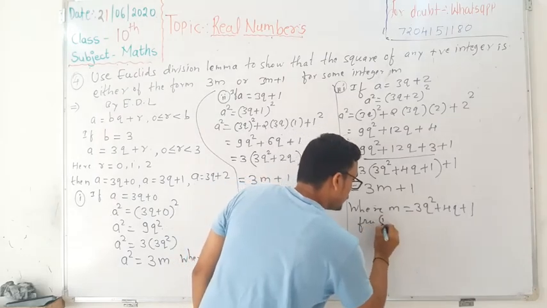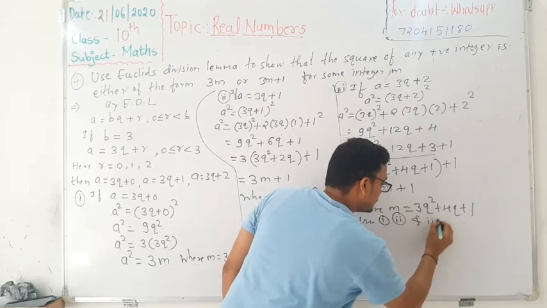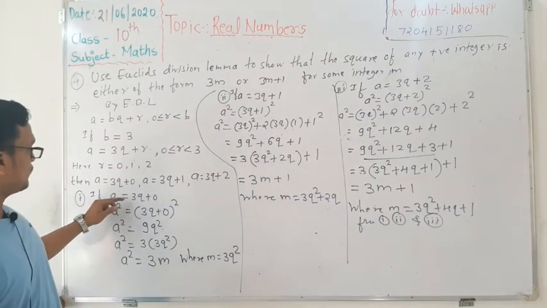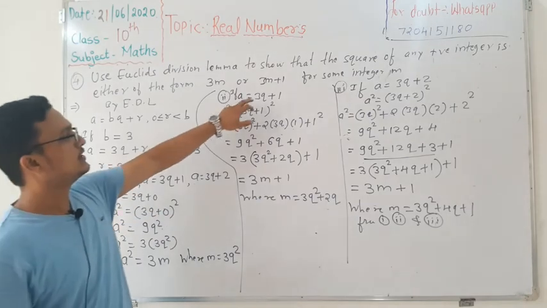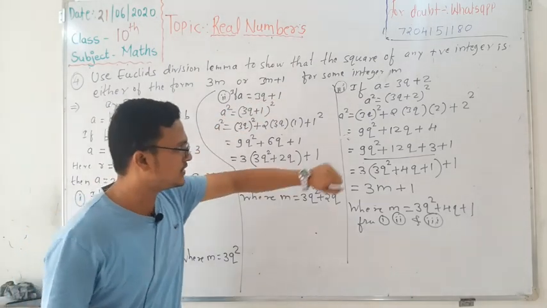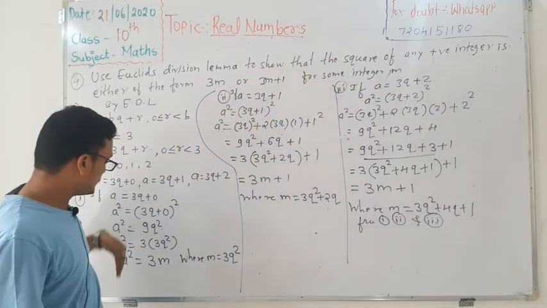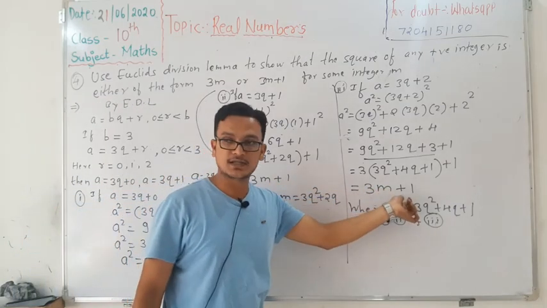from 1, 2 and 3, from 1, 3q plus 0 was the positive integer, 3q plus 1 was the positive integer, 3q plus 2 was the positive integer. But what we get as the forms now are 3m, 3m plus 1 and 3m plus 1.